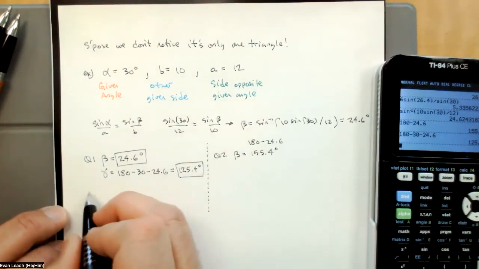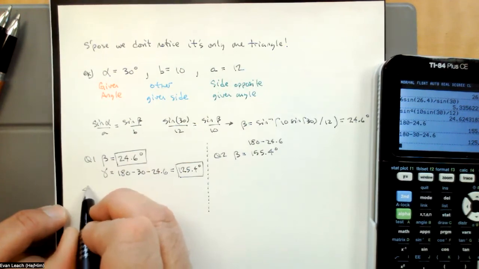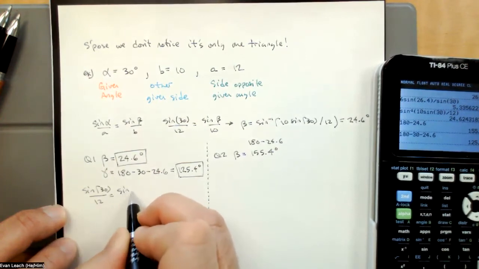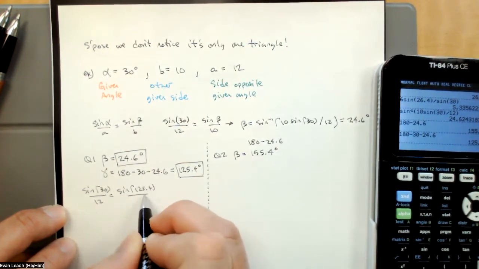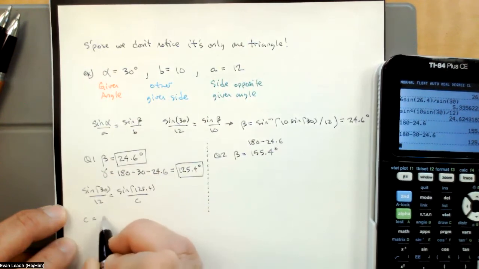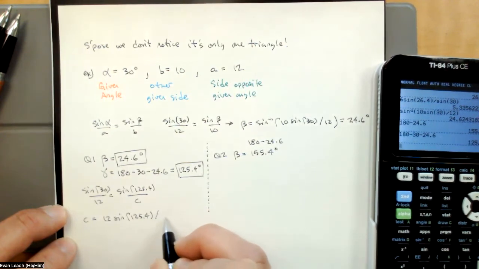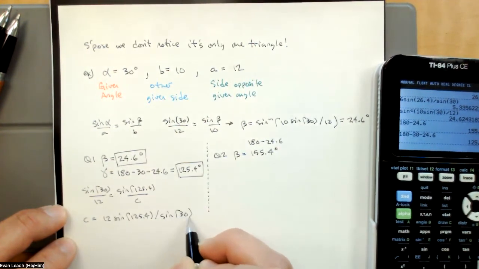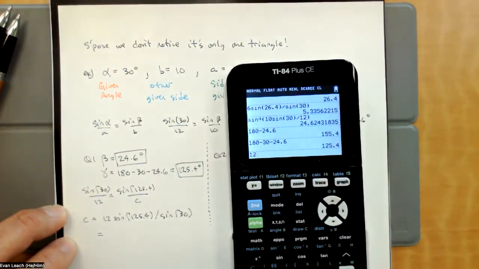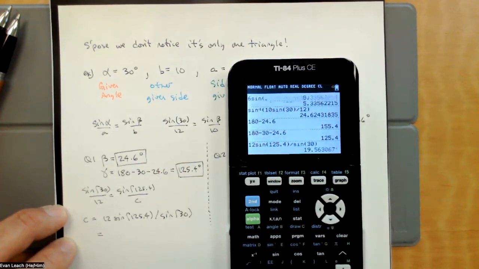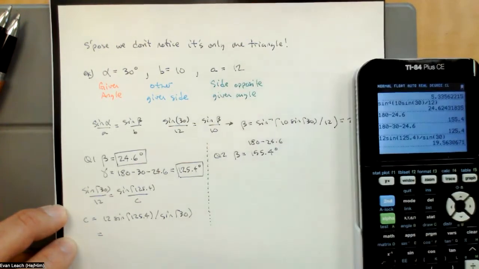And then we're going to find side C. So we'll take the sine of 30 over 12 is the sine of 125.4 over C. So C is 12 sine of 125.4 divided by the sine of 30, which is 19.6, and we're done with this one.